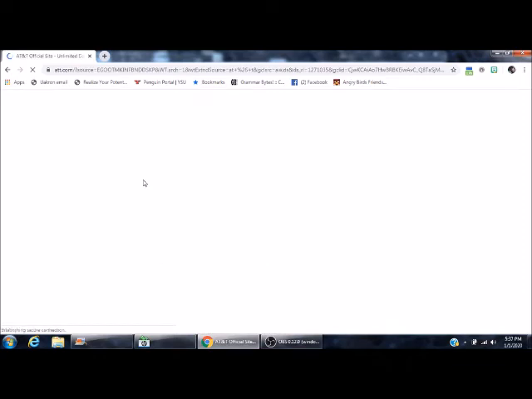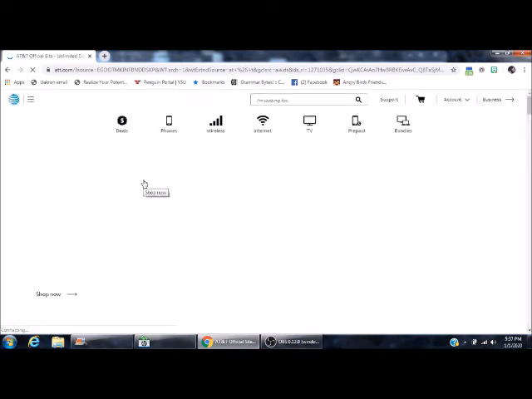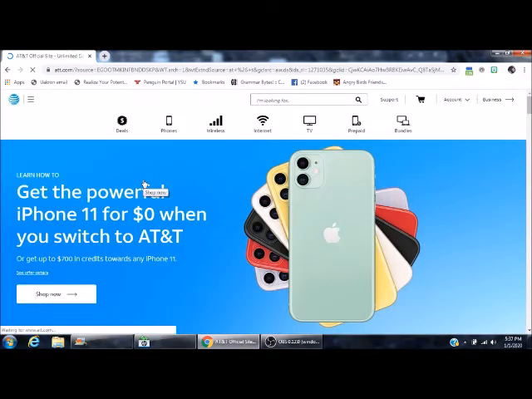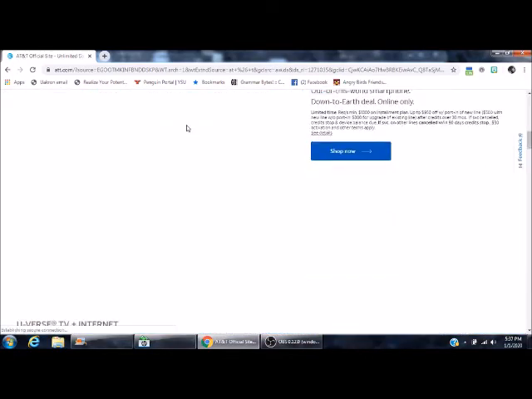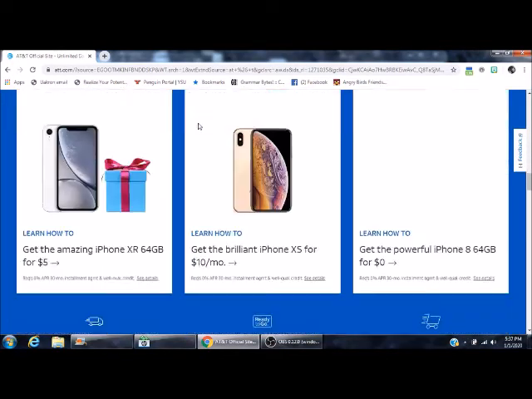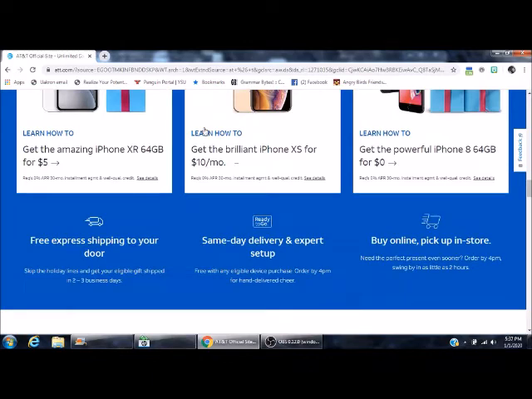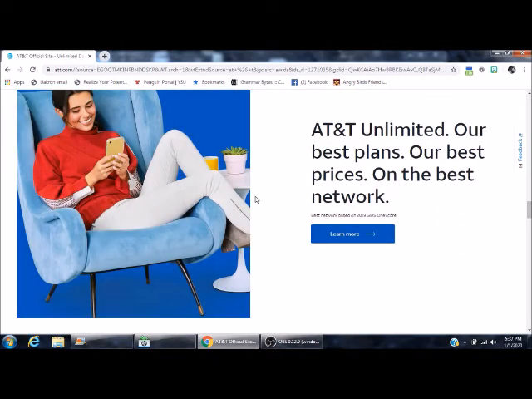Now what I'm looking for is something called corporate or investor relations. Now with a telecommunications company like AT&T, that may be hard to find. It'll usually be at the very top or at the bottom.